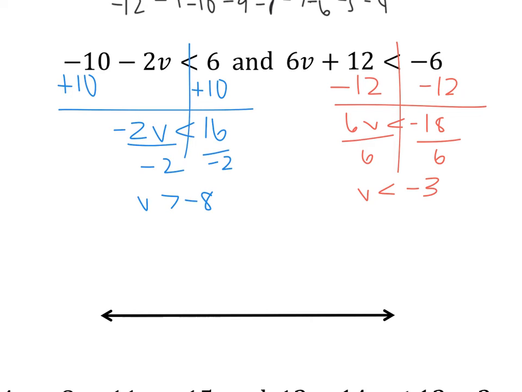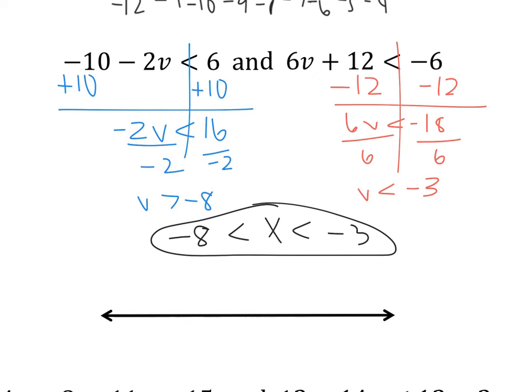This is an and statement, so I'll put v in the middle, negative 8 on the left, negative 3 on the right. I need v to be greater than negative 8, and v is less than negative 3. And again, if you wrote the final solution set for your and statement correctly, both inequality symbols should be facing the same way, which they are. Now I'll finish graphing this.